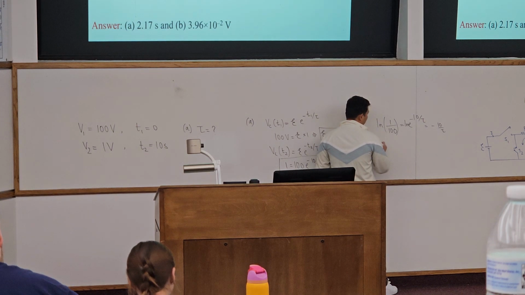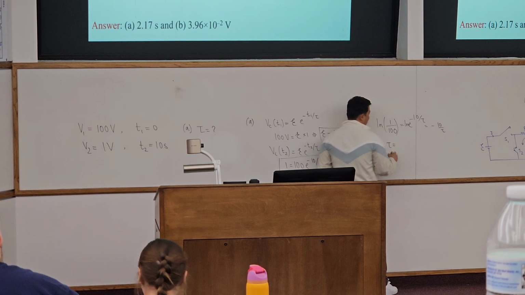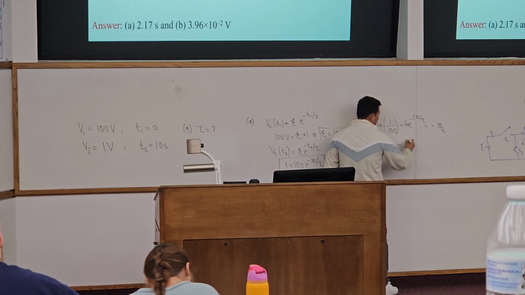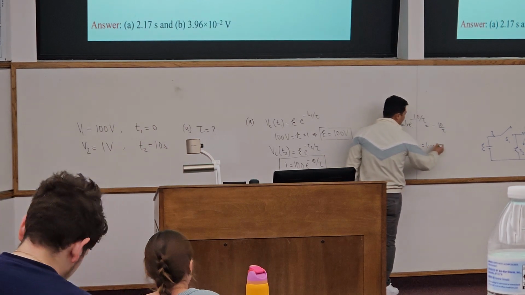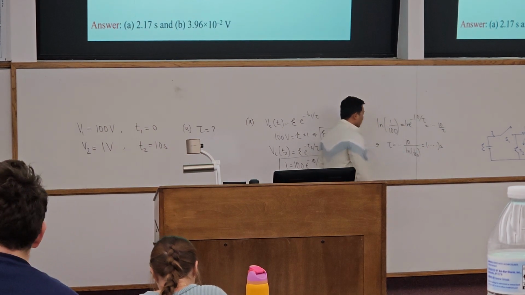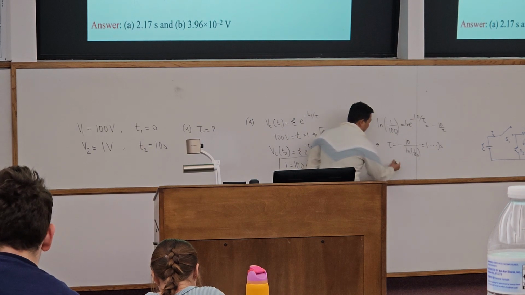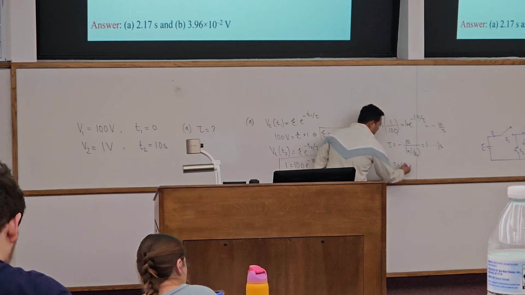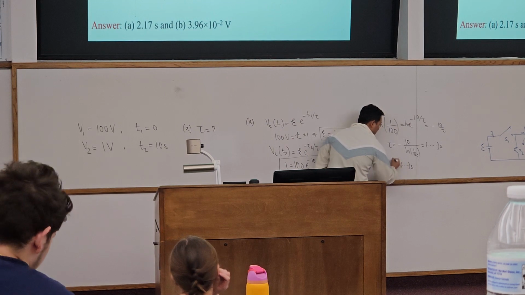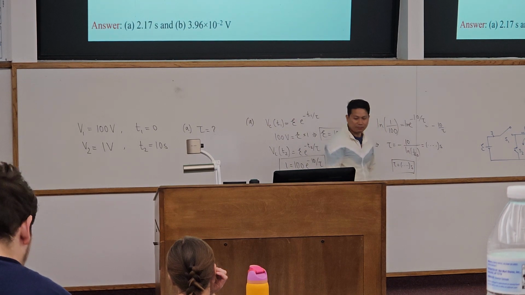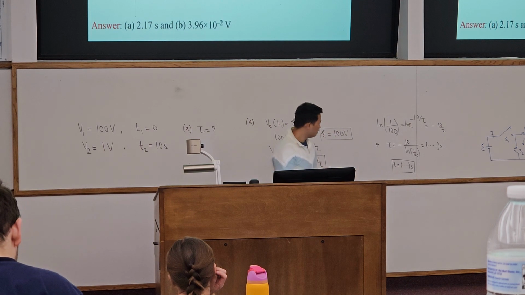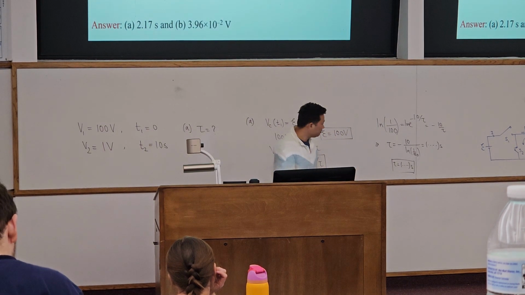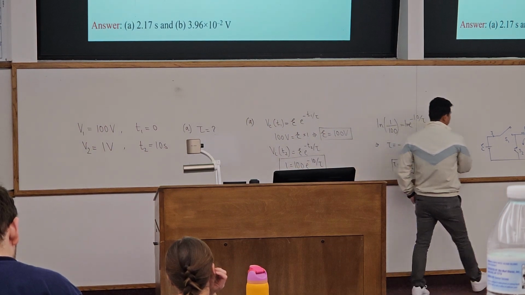So from here you can easily find what the tau value is. Tau equals minus 10 divided by natural log of 1 over 100. Whatever the number, you will get the tau value in seconds, the time constant. You have a calculator. I don't have a calculator, so please get that number over here.